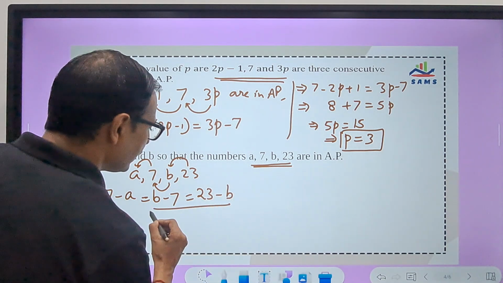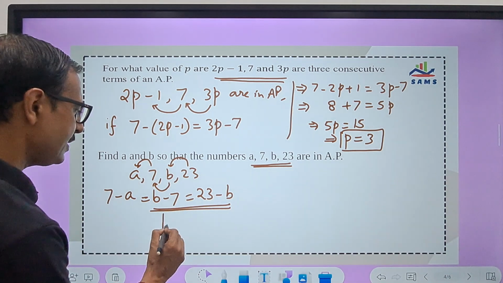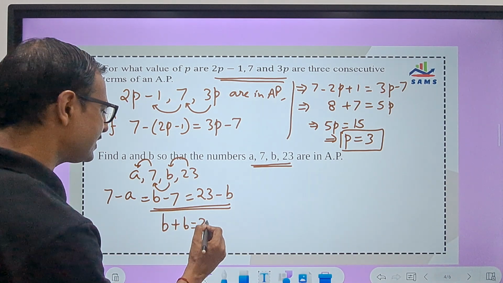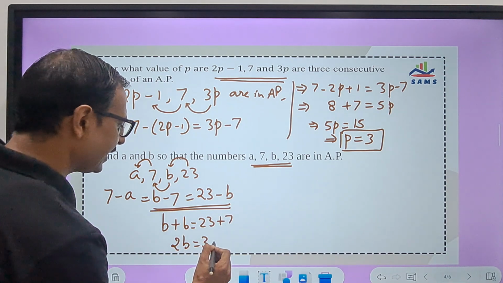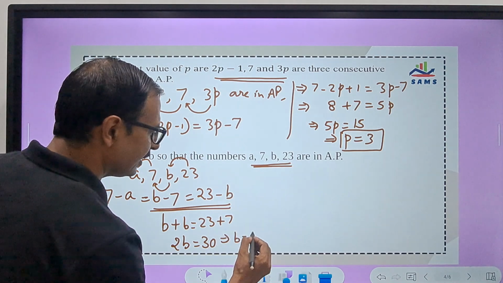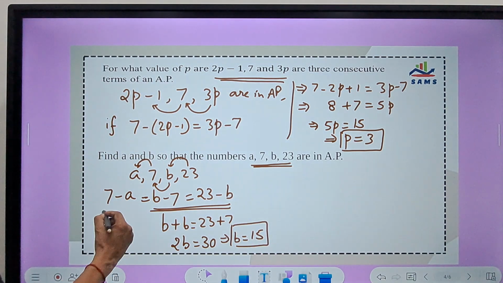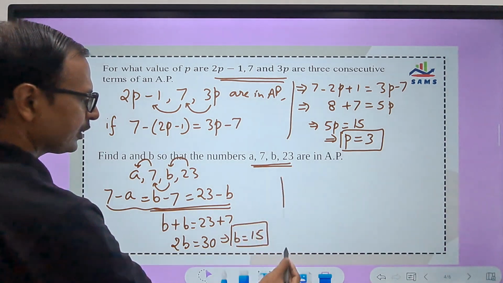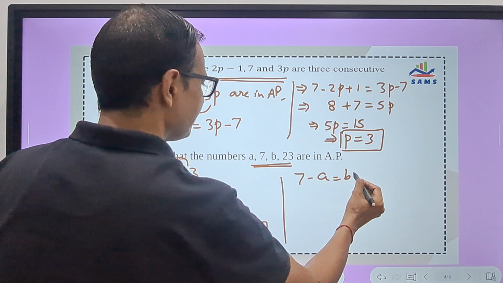Let's equate these two first, because I can see only the variable B here. So B plus B equal to 23 plus 7, 2B equal to 30, and that gives us the value of B as 15, right? And now to find the value of A, I can equate the first two. So 7 minus A is equal to B minus 7.